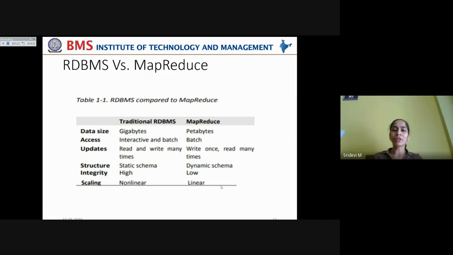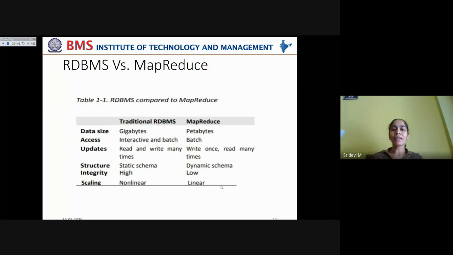And even the structure: traditional RDBMS provides a static schema. Once it is defined, it cannot be changed. But in MapReduce, you have a dynamic schema. It supports column databases like, say, Cassandra, where you need not specify the structure of the data. You start storing it, and it will assume that particular structure of the data.